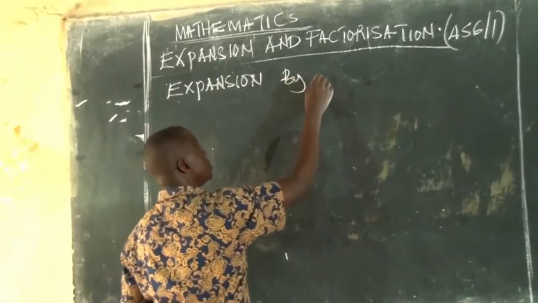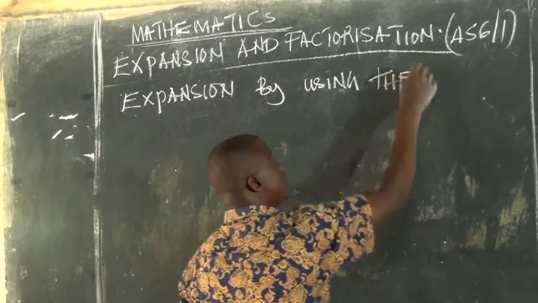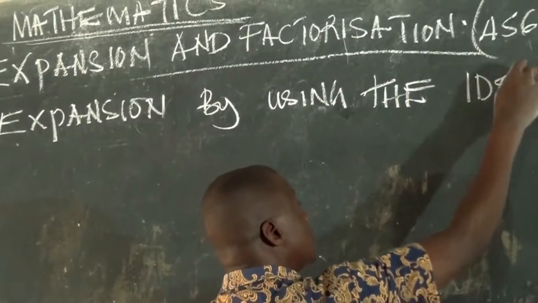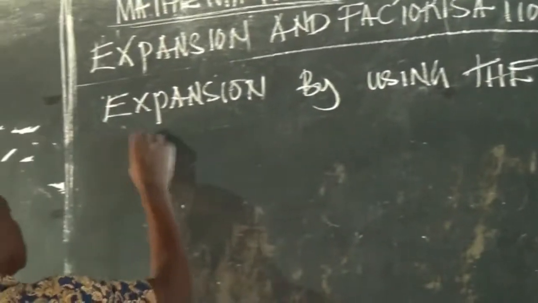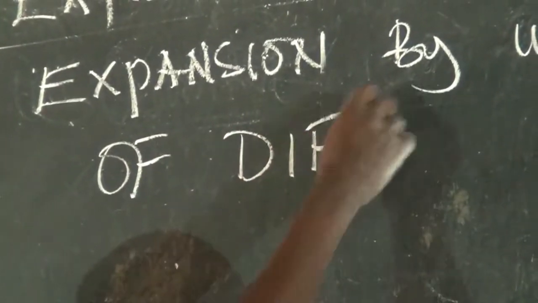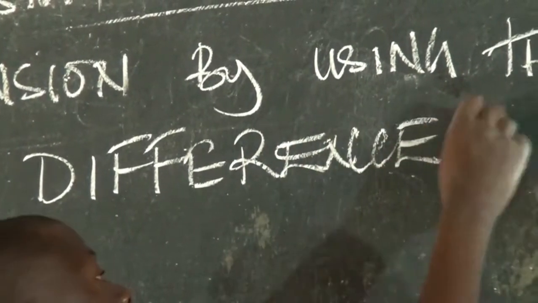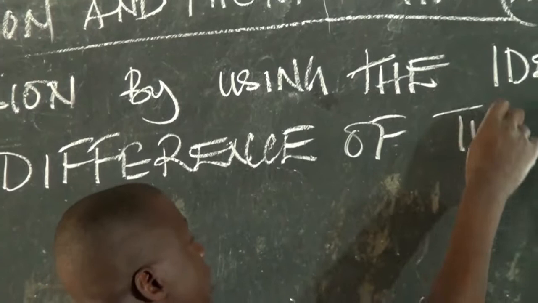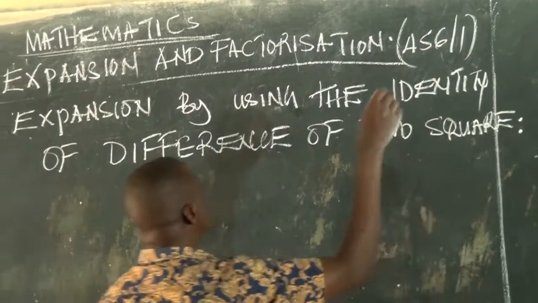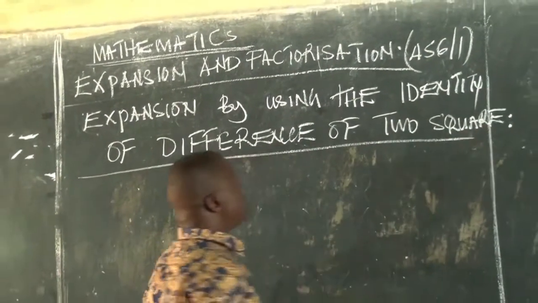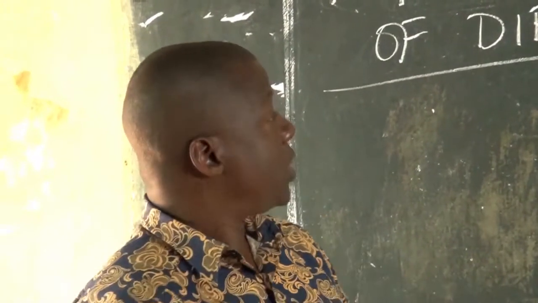Expansion by using the identity of difference of two squares.